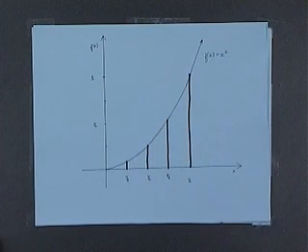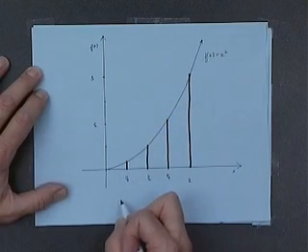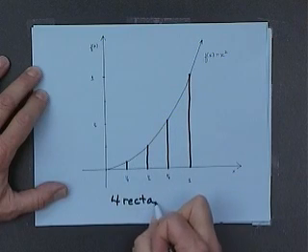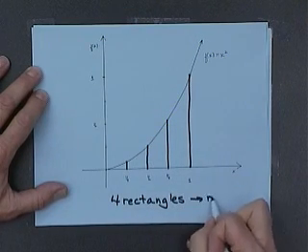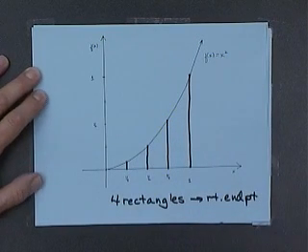Now we'll stick with the same format where we choose the right-hand endpoint to generate the height of the rectangle. But let's move this time to 4 rectangles. And we'll use the right-hand endpoint.